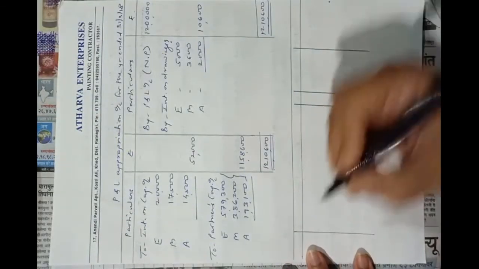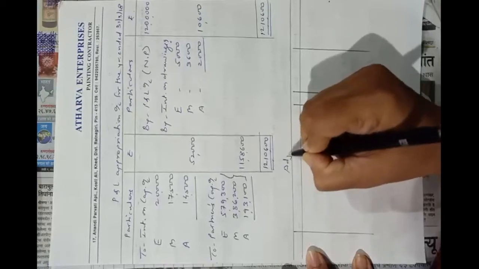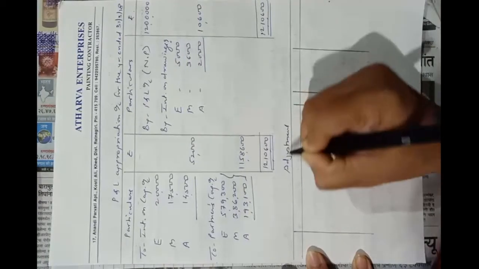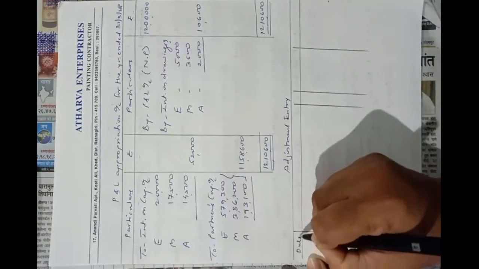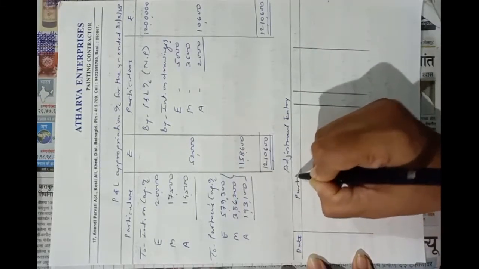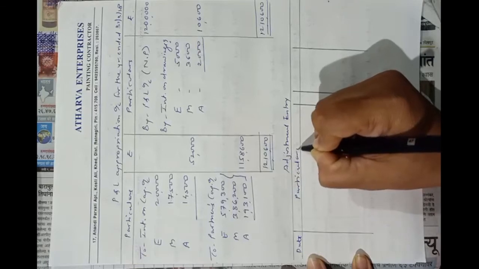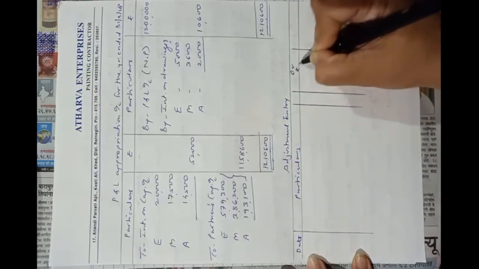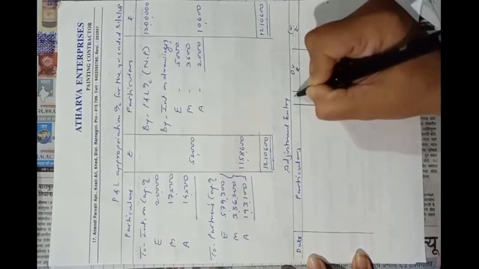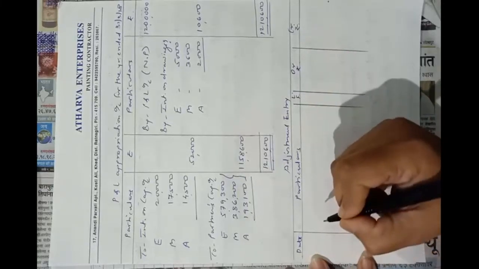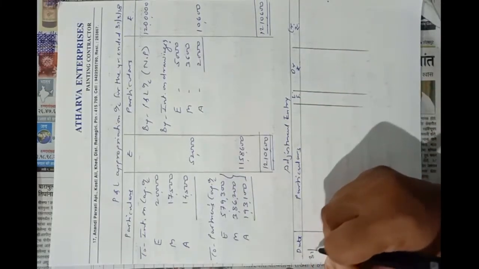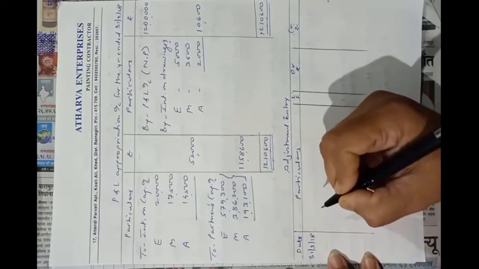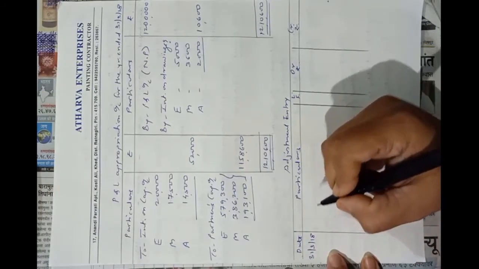Rectification entry or adjustment entry we can call. Now see, the date is 31st March 2018. We have to debit E's capital account.